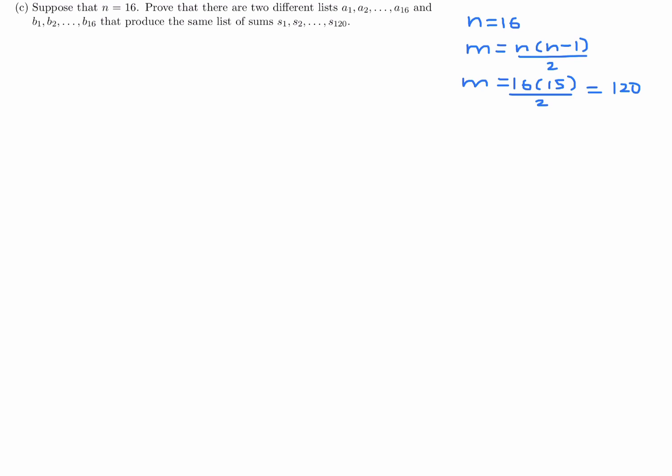All right, so in part A of number 10, we showed that when n was 4, you get two lists. If you remember, we had two different A1, A2, A3, A4.